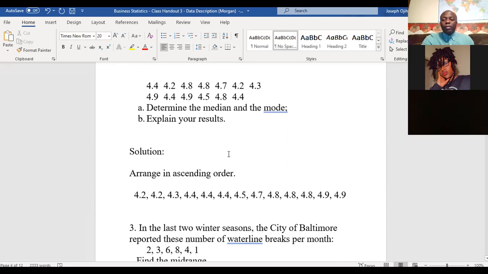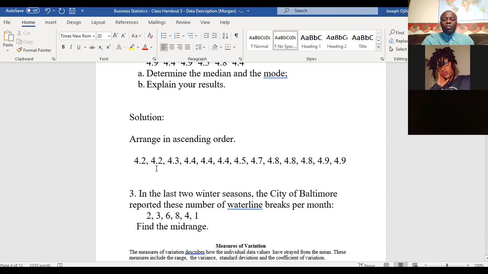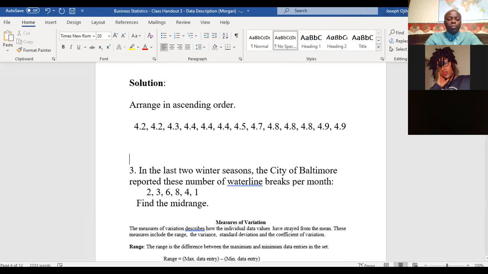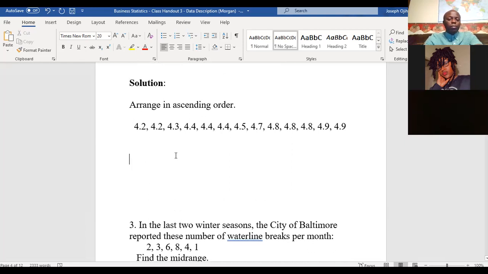Now, the first thing you do again is to put them in order, which I have done already. So for the median, this is where the solution started. For the median, you pick the number at the middle. You can see that there are 13 of them, so half of them should be 6.